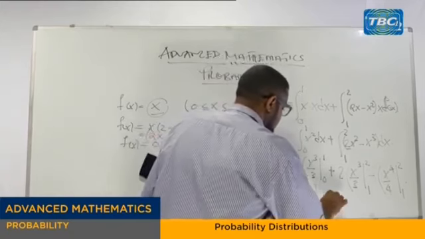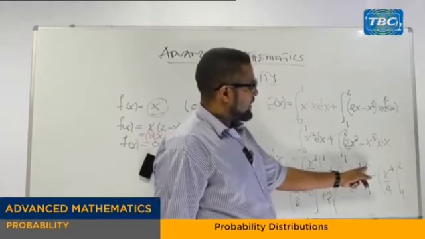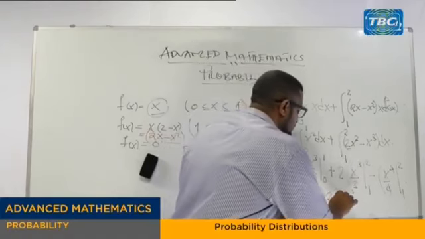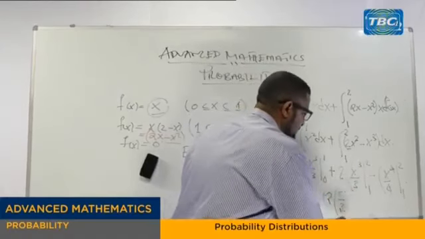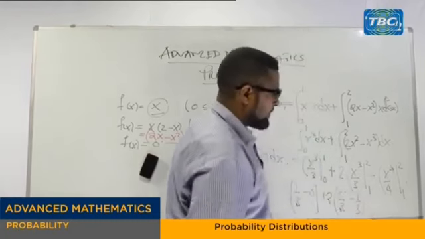Then plus 2 times, here we have x power 3, but we have 2, so 2 power 3 is 8 over 3 minus 1 over 3.